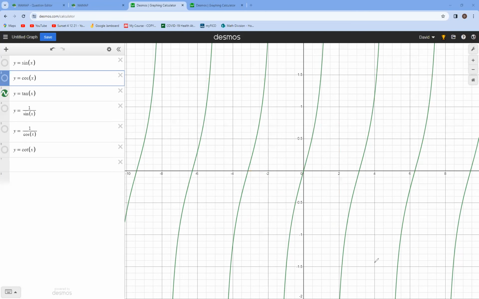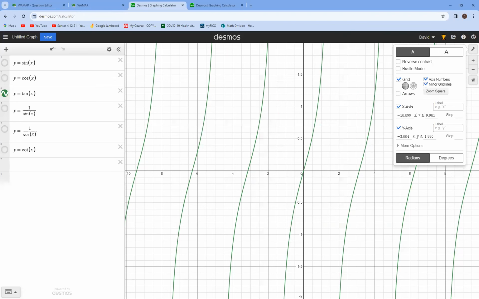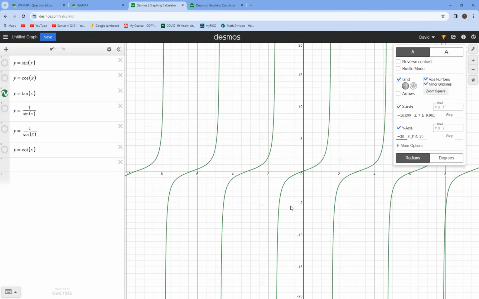All right. Let me change the scale here a little bit on this one, make our life a little bit easier. Let's make our y-axis much larger. Let's go from, say, negative 20 to 20 there on the y-axis. So we get more of that curve showing up in there.